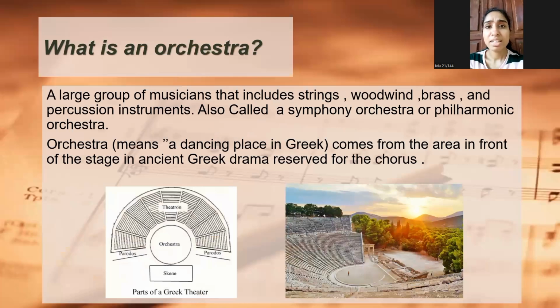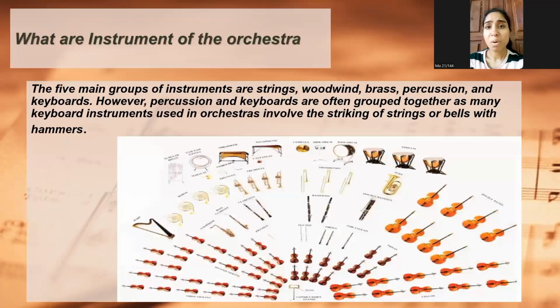Originating in the 17th century, orchestras have evolved from smaller ensembles in the Baroque period to the grand symphony orchestras we know today. They play a crucial role in both classical and contemporary music, being used in symphonies, operas, ballets, and even film scores.